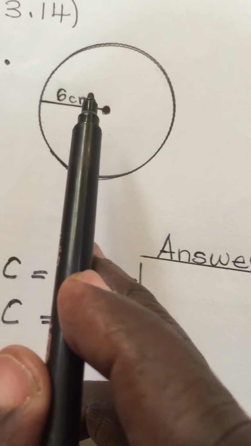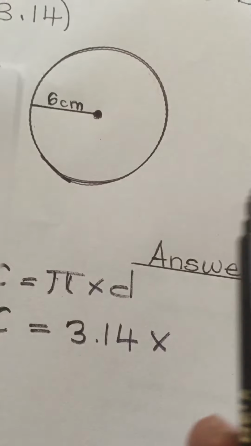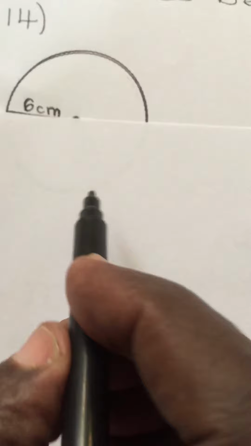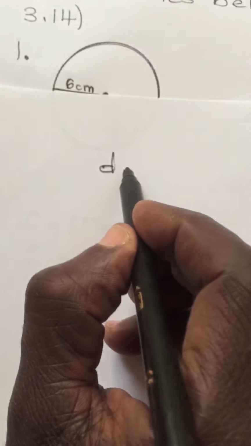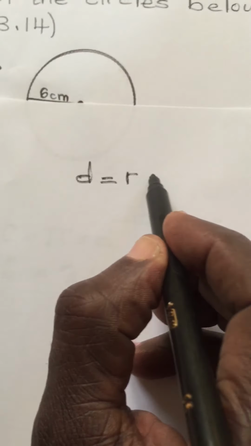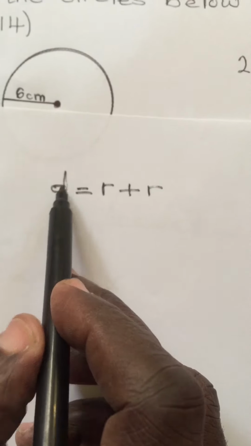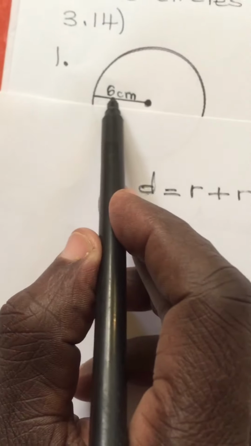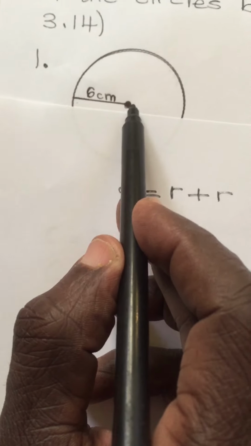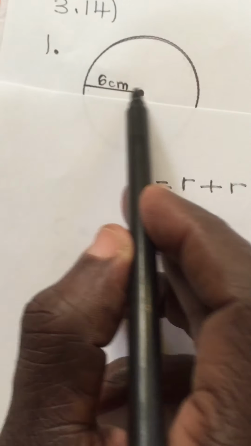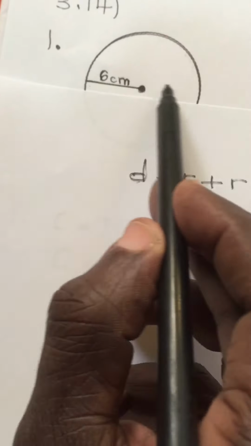Now this here is the radius. I remember that we once looked at saying diameter is equal to radius plus radius, because diameter starts from this point going through the center to the other point, but half of diameter is radius.